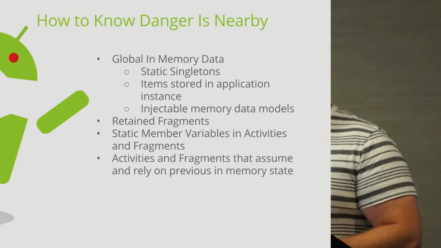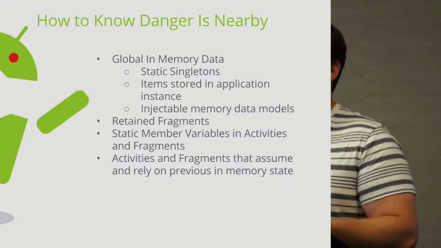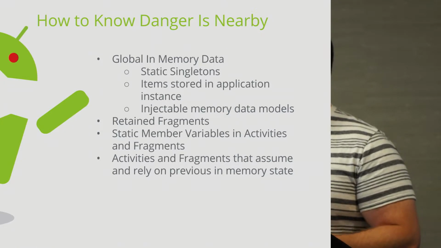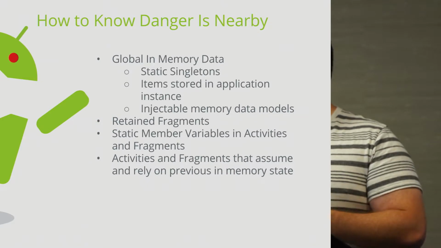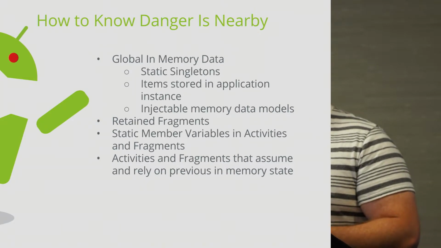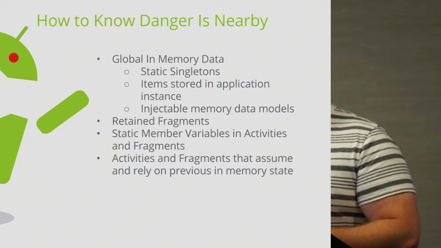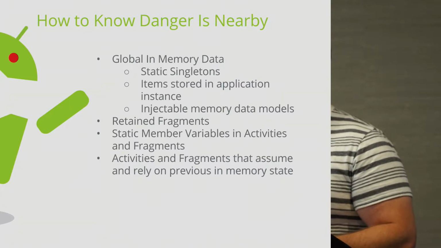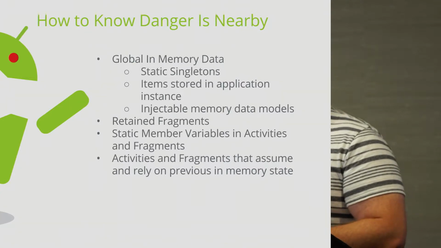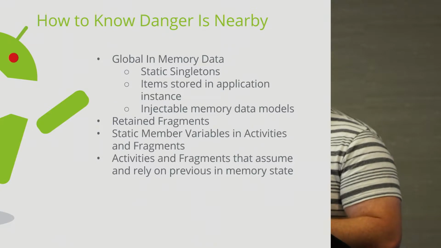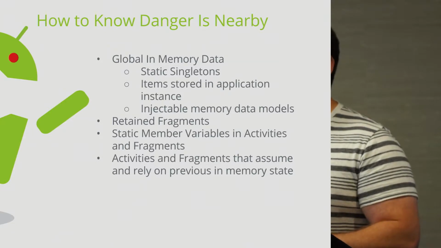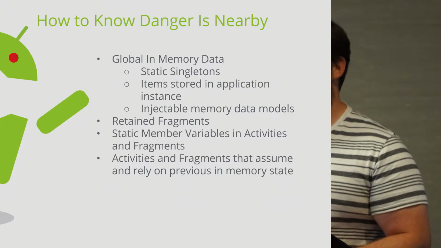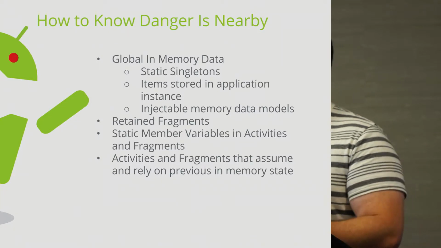So just because Dagger 2 or Dagger, you're injecting things like your repositories and your presenters, and those are really great because you could have it persist behind the activity and survive configuration change and rotation. But when your application is killed, they're not there anymore and they're recreated. So those member variables that you're expecting and that state you're expecting isn't there. So just because you're not storing in the application class doesn't mean that it's not globally scoped and being torn down.